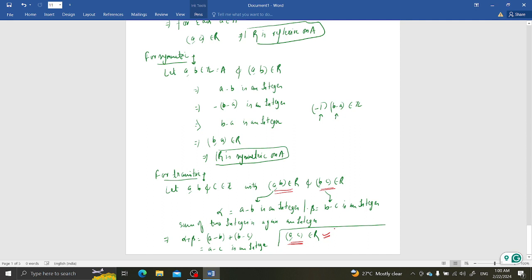So R is transitive on A equal to Z. Okay, R is transitive on A. I hope you understand all these three parts. So thank you. If you have any doubt, you can comment.